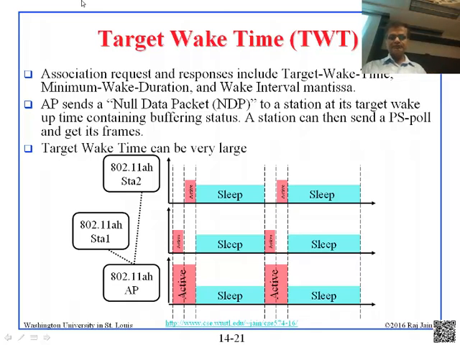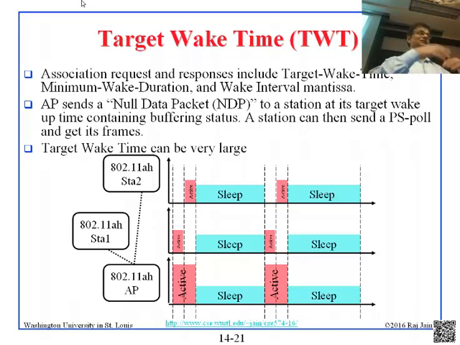So what this picture tries to show is that in 11ah, there are two stations. They have different times to wake up, and the access point has its own time to wake up. Of course, if you're going to wake up every day and the access point is going to wake up every hour, there will be 59 minutes when nothing can be done because everybody is sleeping.